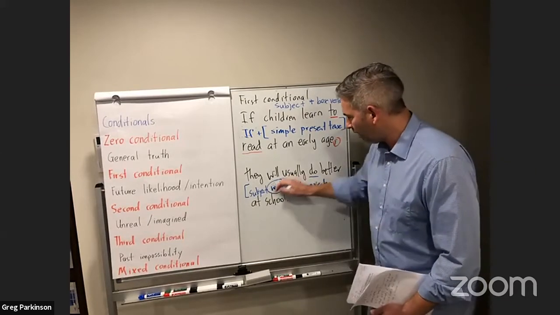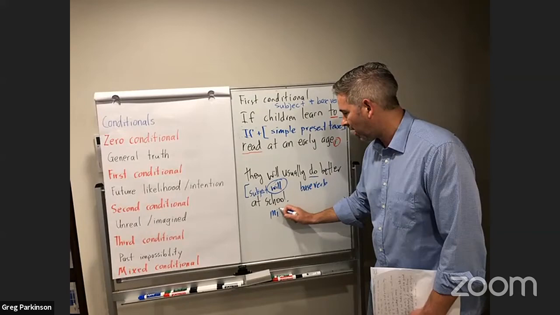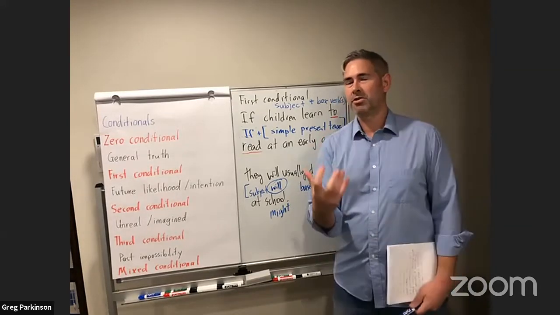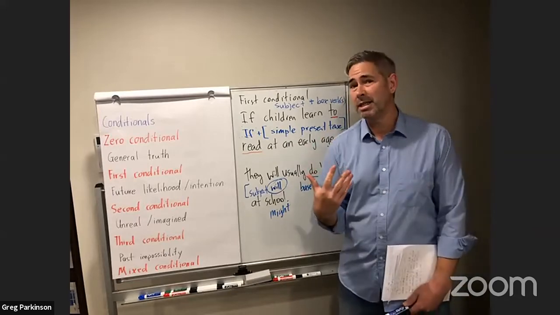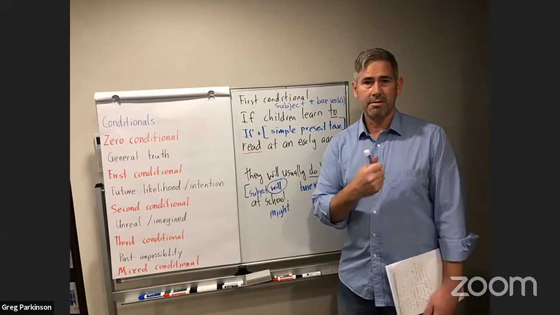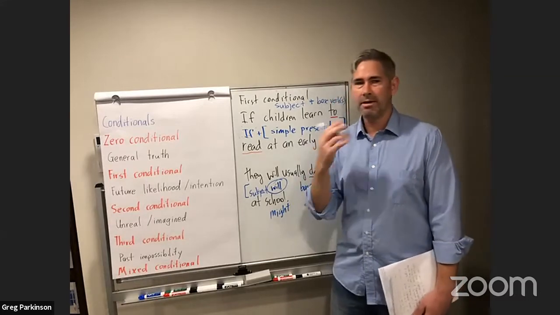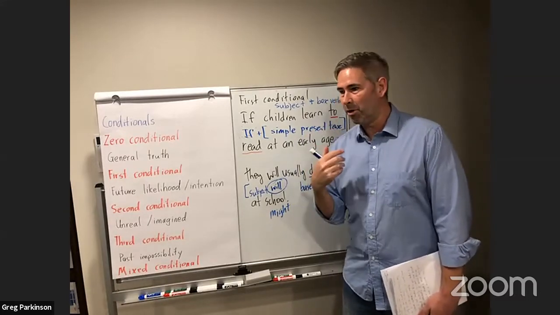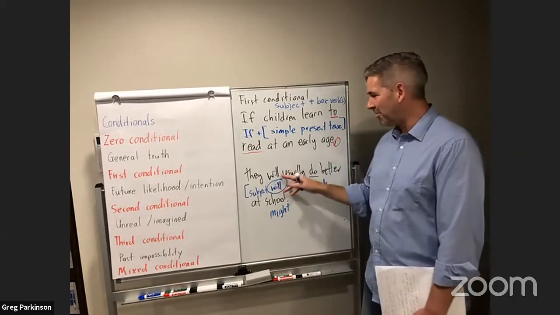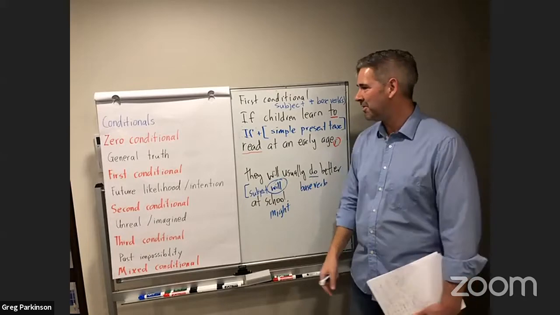Now, will could also be substituted with might, right? So obviously will is a strong prediction. Might is a possibility. But in most cases, will is the most commonly used modal verb that we use in first conditional. So I'm sorry, before I left out will. I hope that didn't confuse you.